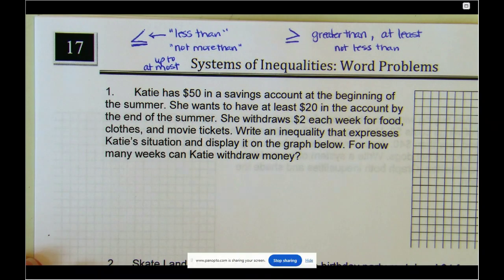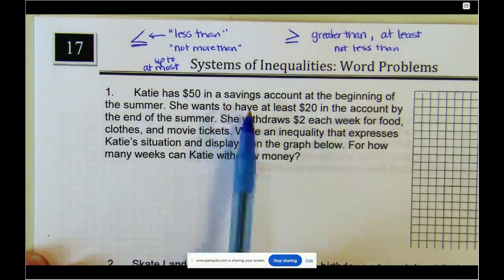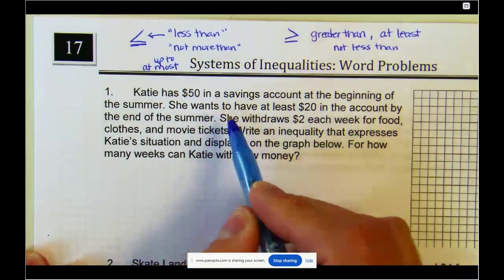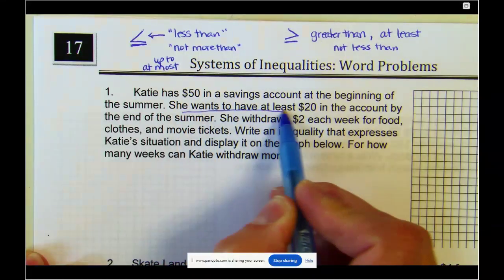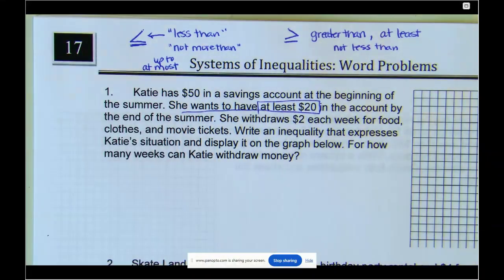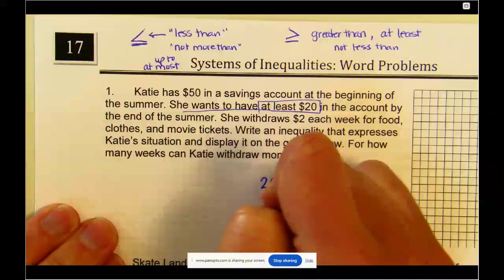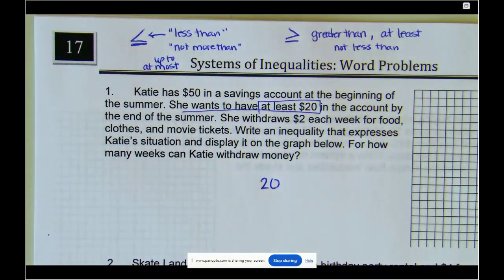Okay. So, here's the first thing that I need you to see. It says she wants to have at least $20. So $20 is like the total, but she wants to have at least. You have to ask yourself a couple things. If she wants to have at least $20, is that more than or less than? It's more than.